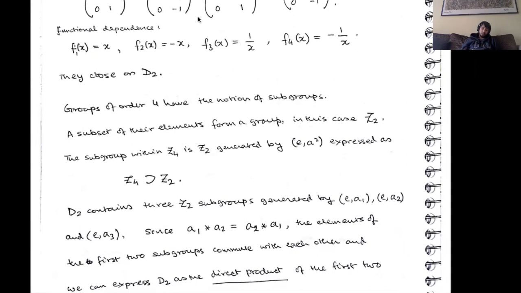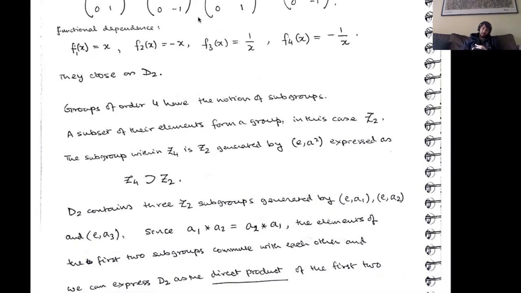In this case, in Z4, there is going to be a notion, for example, of a subgroup which is a Z2.